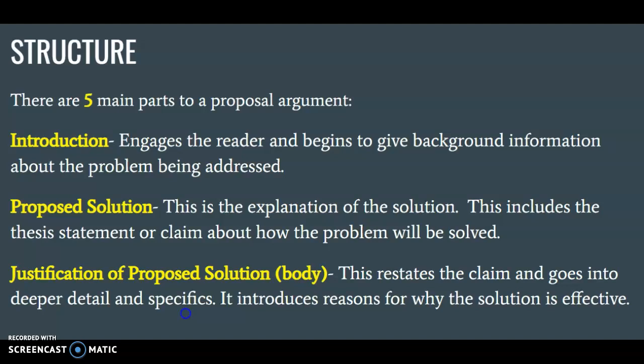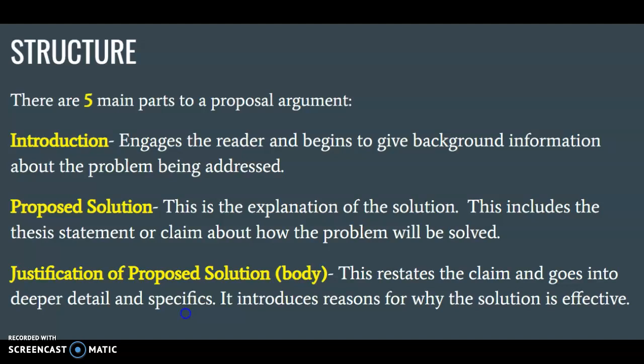Can the problem be solved more simply without disturbing the status quo? Is the proposed solution really practical? Does it stand a chance of actually being enacted? And what will be the unforeseen positive and negative consequences of the proposal? So the stock issue strategy is also another option in addition to the claim type strategy.